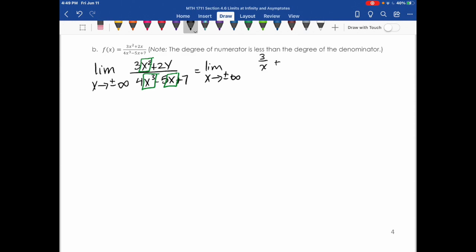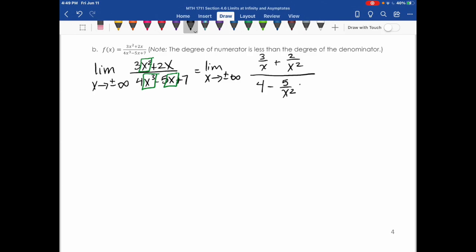When I take 2x and I divide by x to the third, I'm going to get 2 over x squared. When I take 4x to the third and I divide by x to the third, I get 4. When I divide 5x by x to the third, I'm going to get 5 over x squared.